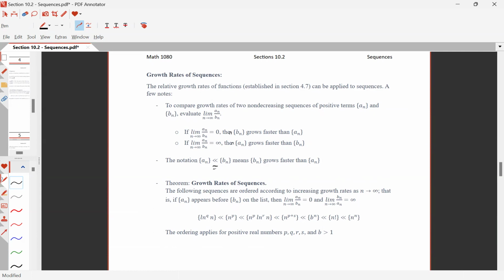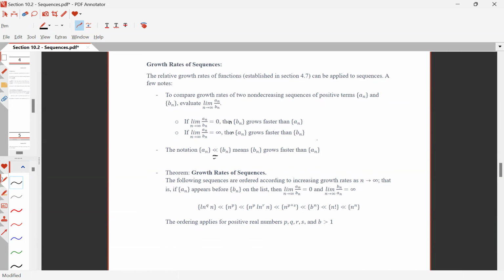And we get the theorem that we know some growth rates where natural log stuff grows really slow, then polynomial stuff grows faster. Then exponential is even faster.